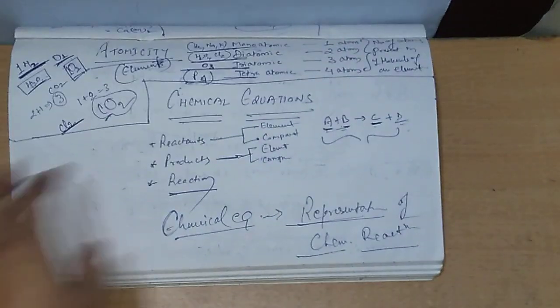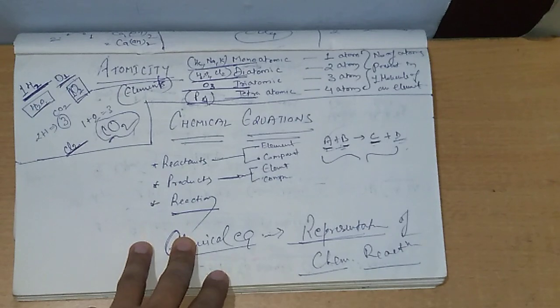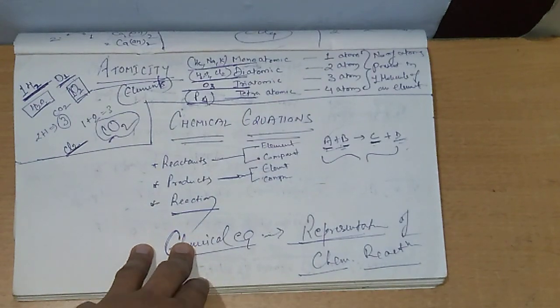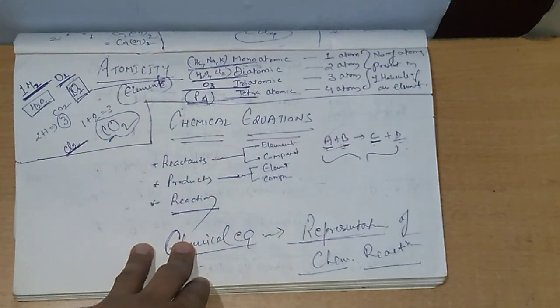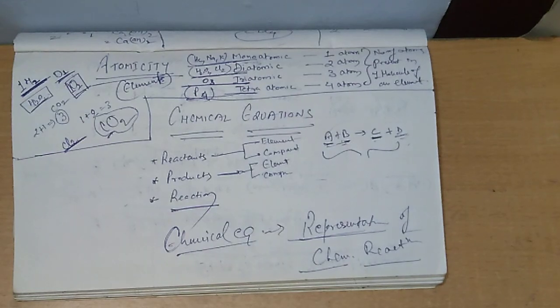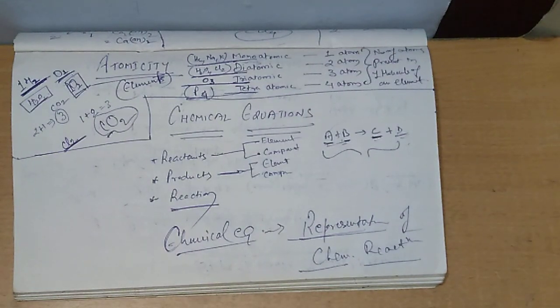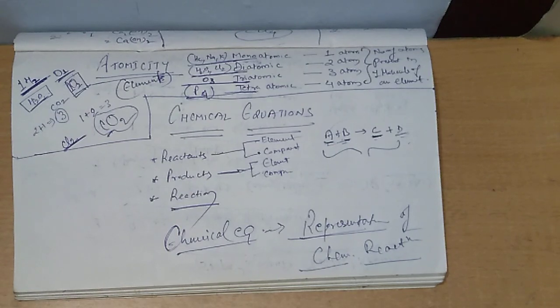Now the next topic is atomicity. What is atomicity? Basically atomicity tells us the number of atoms of a particular element present in a compound, or in the free state of the element, clear?